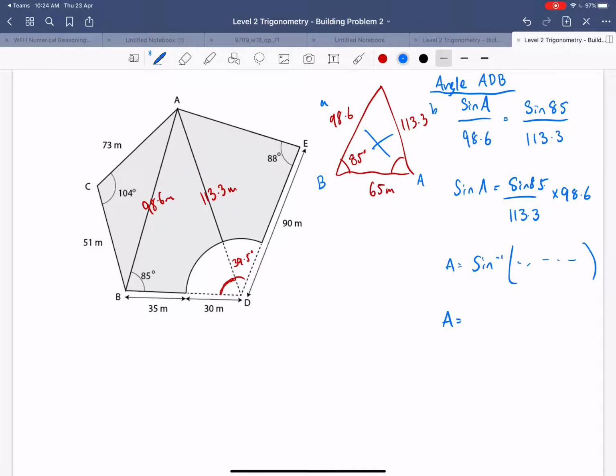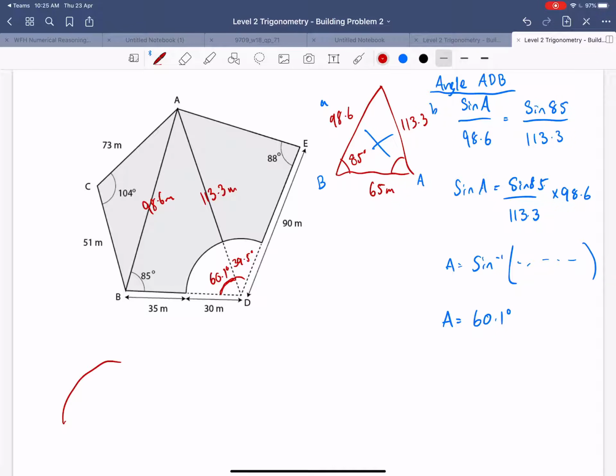So A is equal to inverse sine of 85 over 113.3 times 98.6, close bracket, and that is 60.1 degrees.